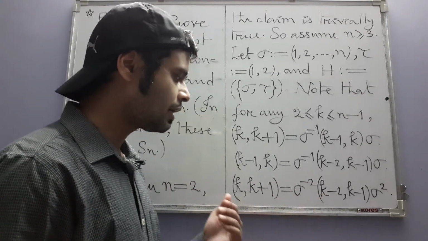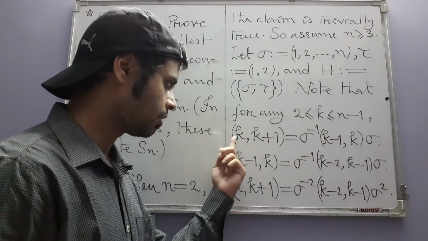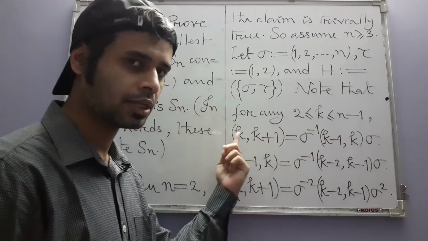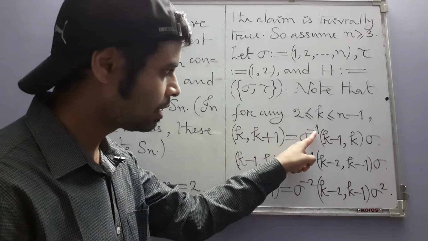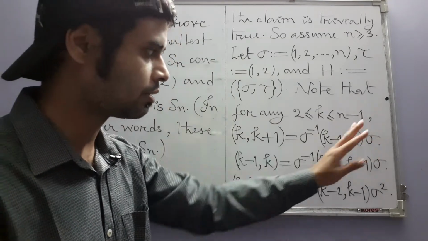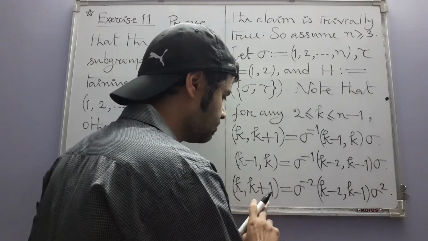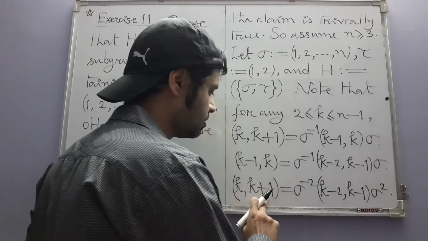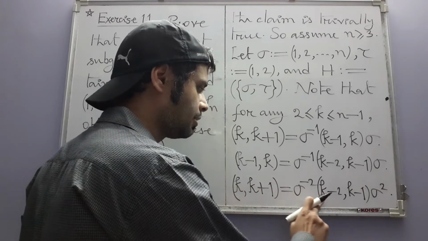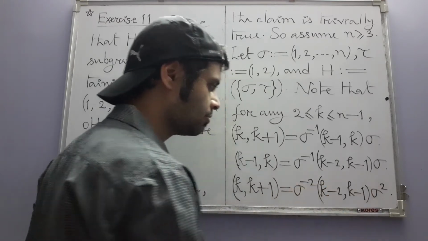So if you are subtracting 1 from the labels here, then you have minus 1 here, and 1 of course it's there, although we are not writing it. Whereas if you subtract 2 from these two things, here you get k minus 2 and here you get k minus 1, then you have minus 2 and 2 here.